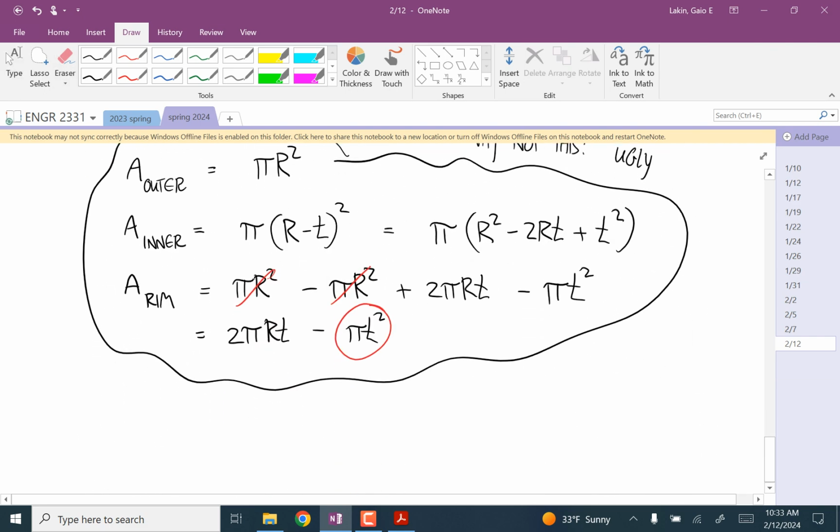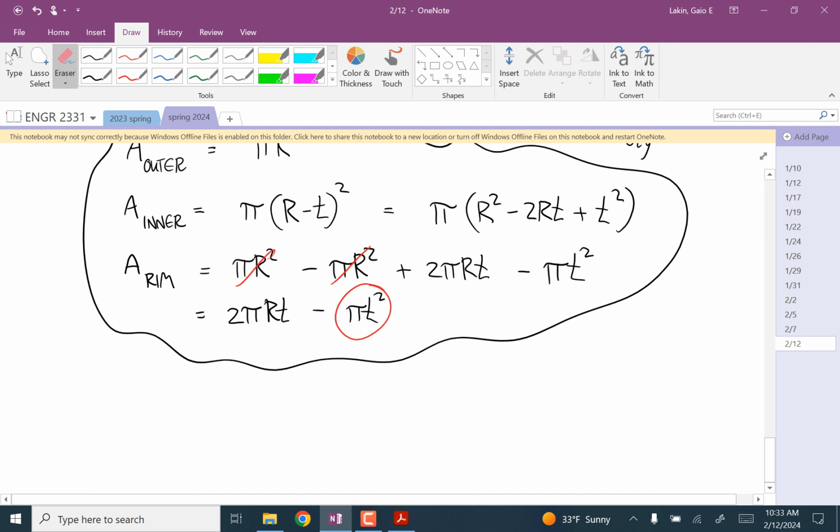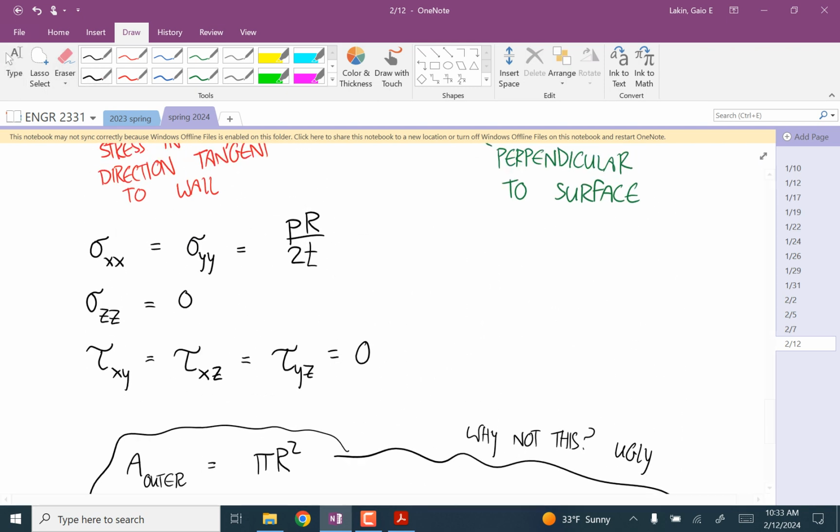That's what we saw here: the difference is that extra term, pi t squared.